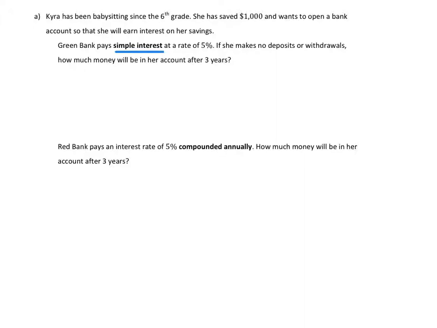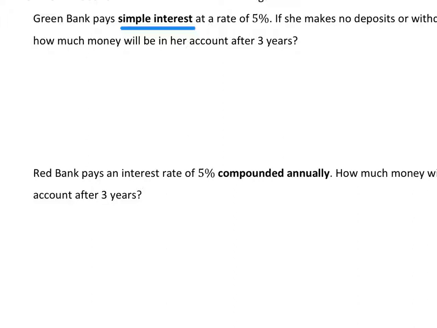Well, simple interest, remember, that's way back, 7th grade. I equals PRT. I'm just going to make the T look a little bit cursive so it doesn't look like a plus sign or anything else crazy.